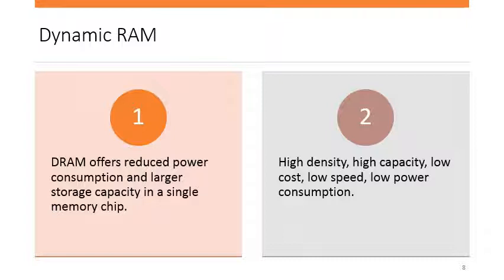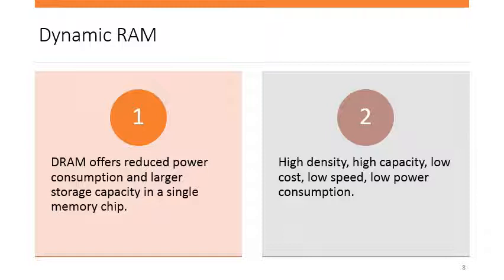Here we are targeting capacity, and we are compromising on speed. So in all those scenarios in which capacity is important, so that the maximum number of processes can be accommodated inside that chip, we'll prefer the dynamic RAM, and it has reduced power consumption and larger storage capacity.